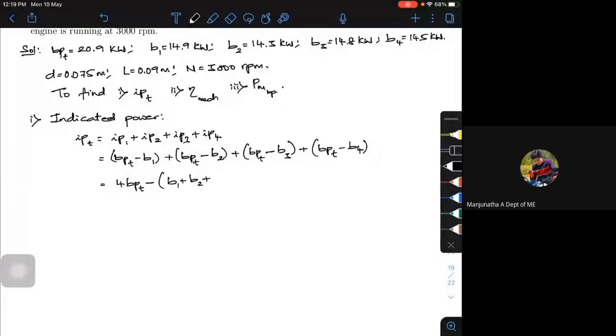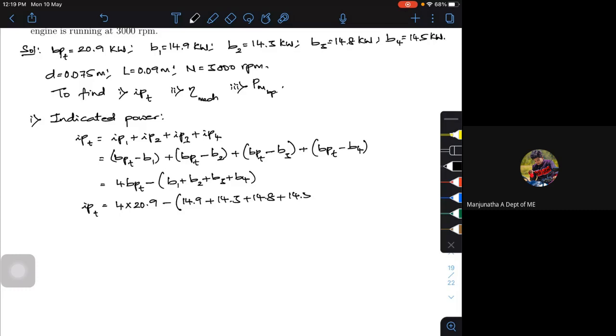So I can write this as 4 into 20.9 minus the sum of 14.9 plus 14.3 plus 14.8 plus 14.5.